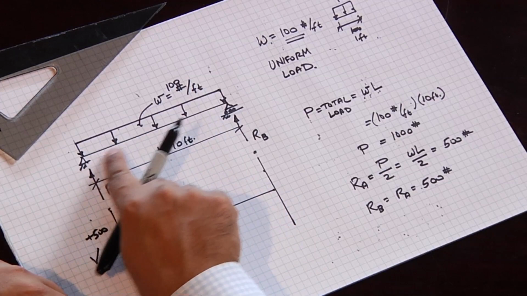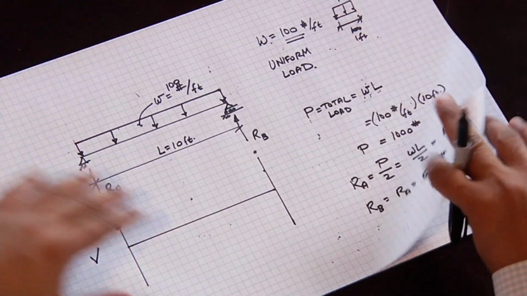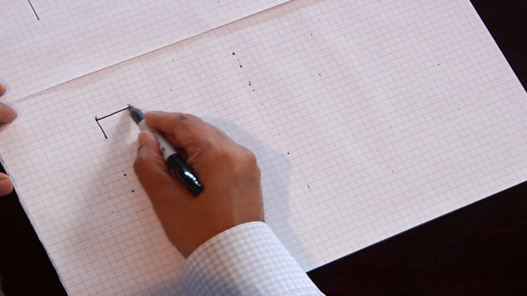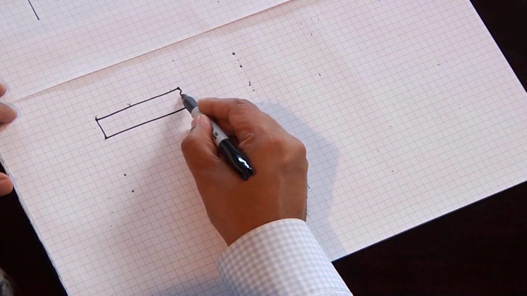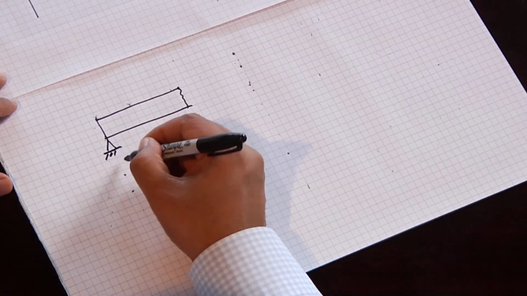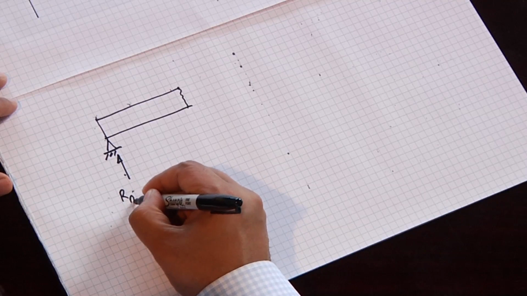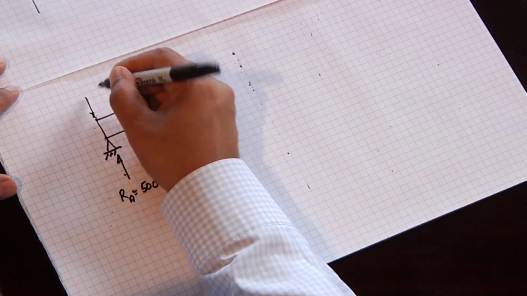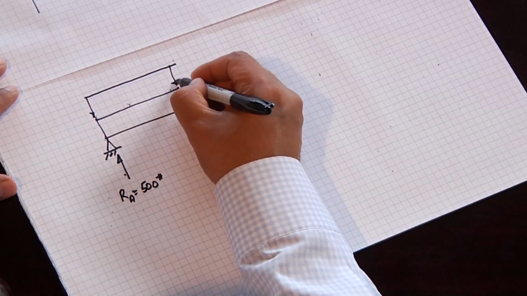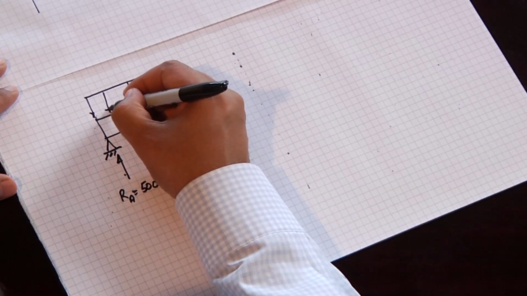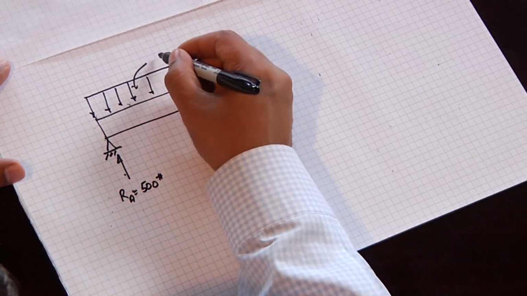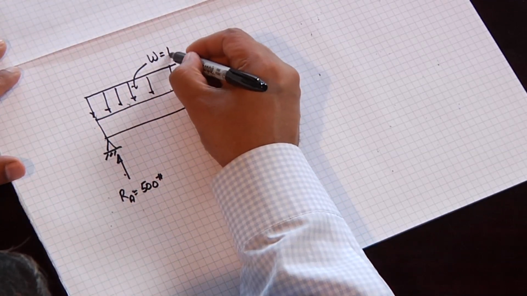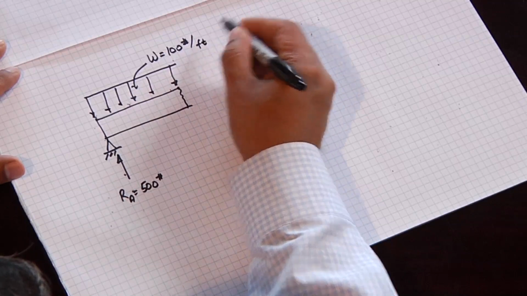Let's do a free body diagram of this beam and understand what the equation of the shear diagram looks like. If we do a free body diagram, we're going to cut a section of this beam, starting from the left-hand side. We know our reaction is 500 pounds, but we have a uniform load, W equal to 100 pounds per foot.